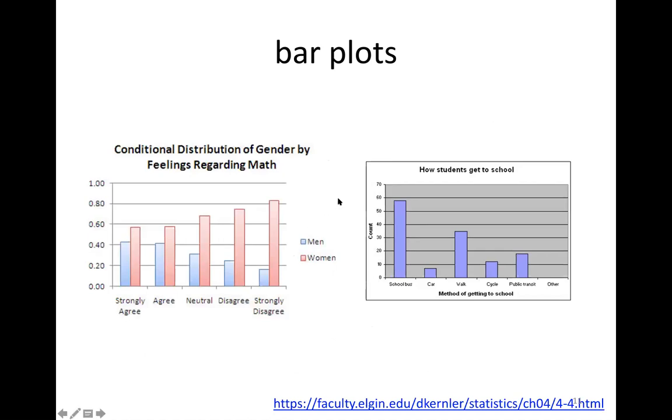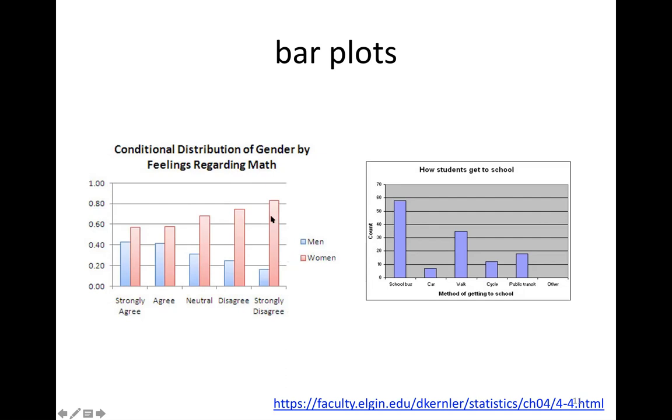Some other types of bar plots, which in this case is in a sense a 2D bar plot, where we have two types of variable plotted together. As you see here, the y-axis is relative frequency, but most important is we have also men and women, so gender as one categorical variable, and some response to some question as the other categorical variable, and the two are plotted together.